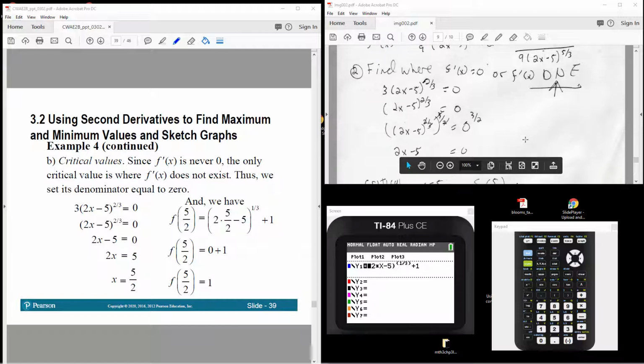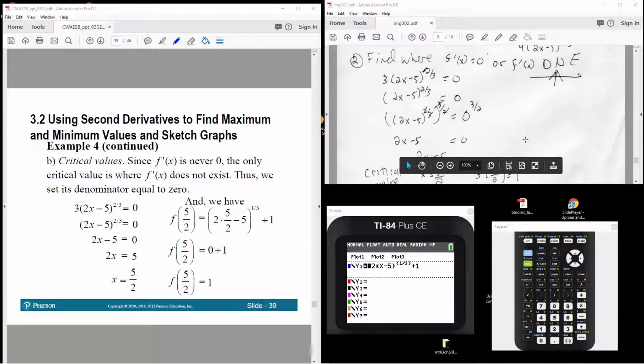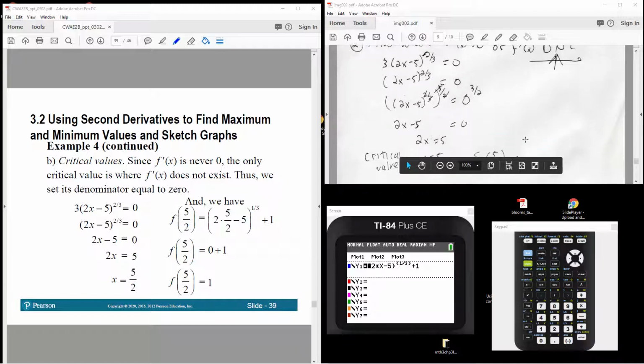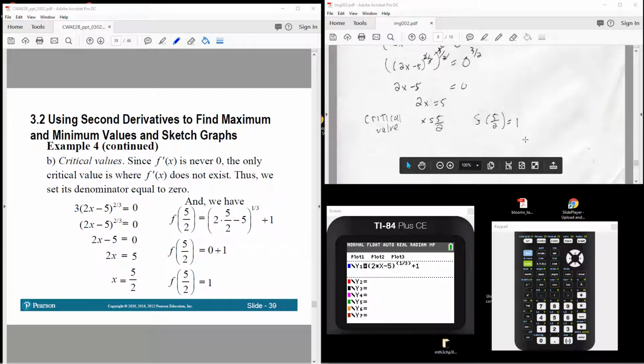So I plug in and solve. 2x is equal to 5, so x is 5 halves. That's the only critical value we have here. So the coordinates of that location are 5 halves and 1.